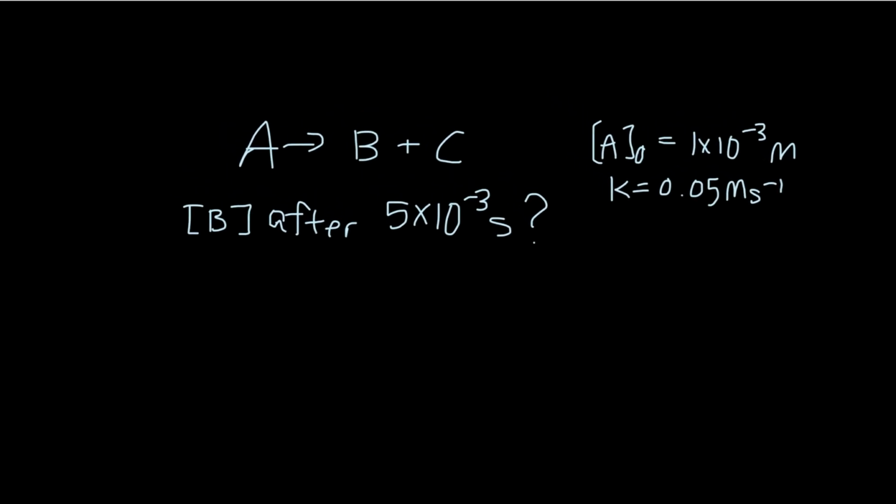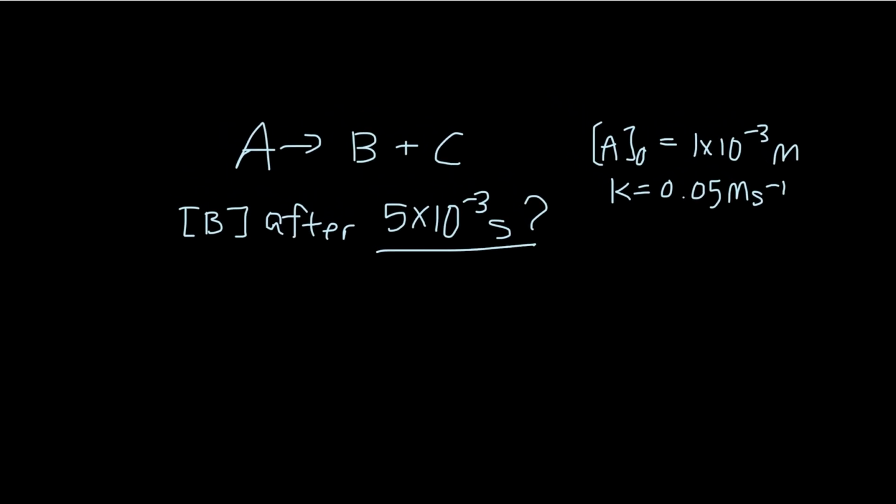We're given the time, so we want to find how much concentration of A is left at this time, because we're given the initial concentration of A. So this tells us that we have a zero order reaction. A zero order reaction integrated rate law would look like this.